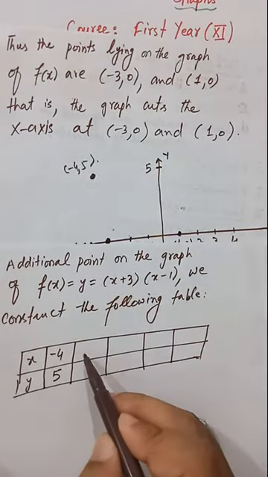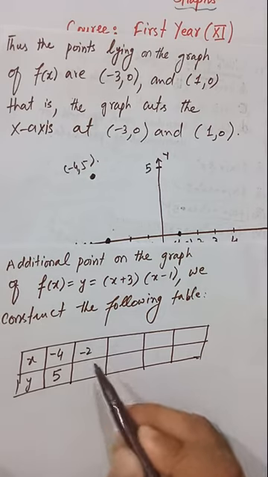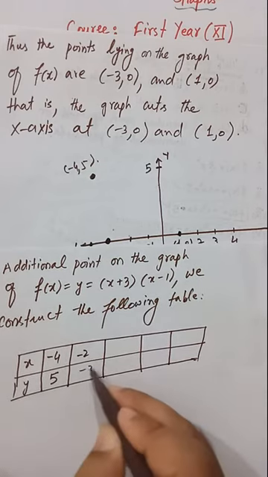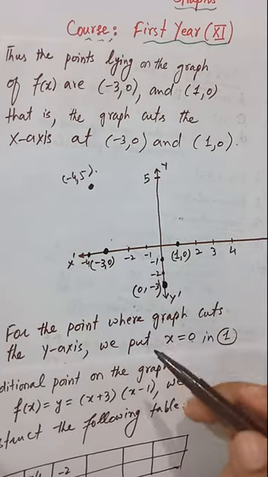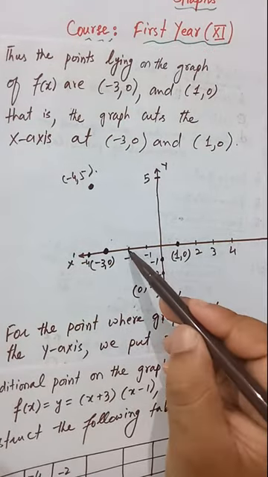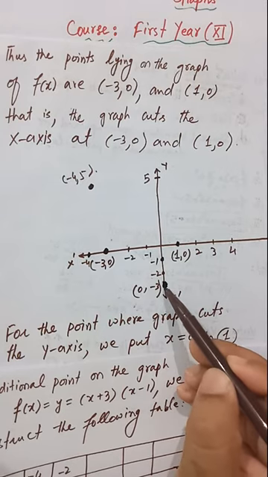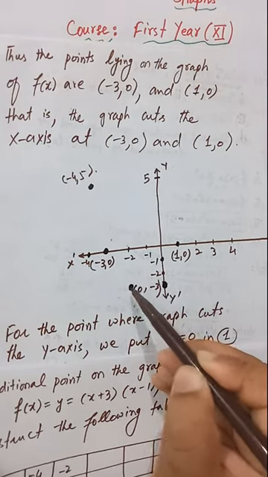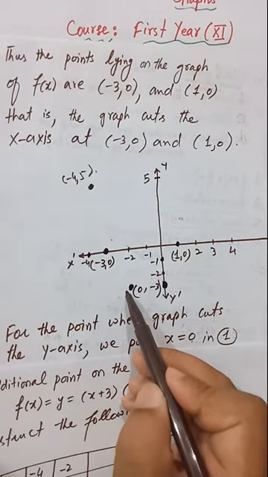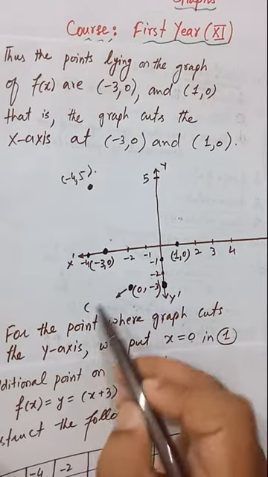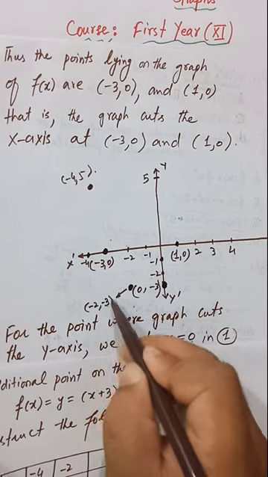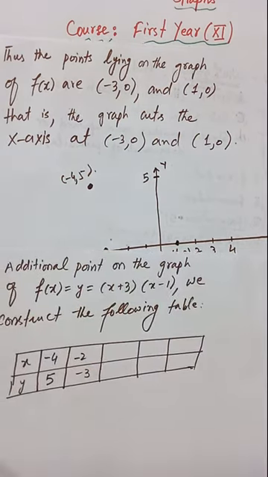Now when x is equal to -2, putting it in place of x, you will get -3. So when x is -2, y is -3. This point is (-2, -3).